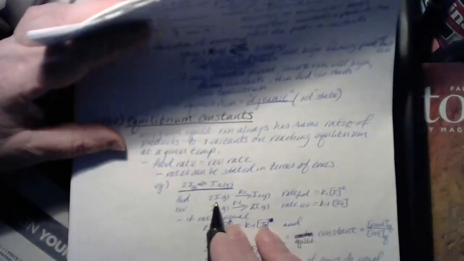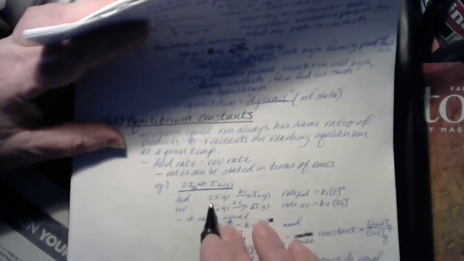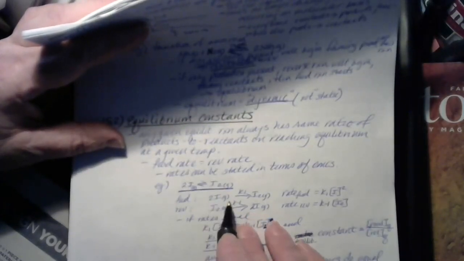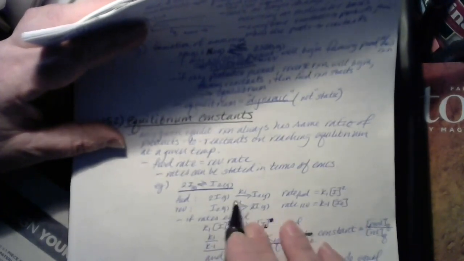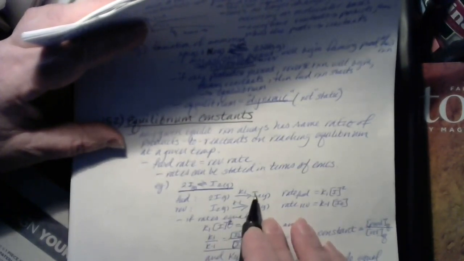And if you look at the forward reaction, it is left to right. So 2 I's in the gas phase go to form I2, also in the gas phase. Since we're looking at just the forward reaction, we can call the rate constant, lowercase k, K1.